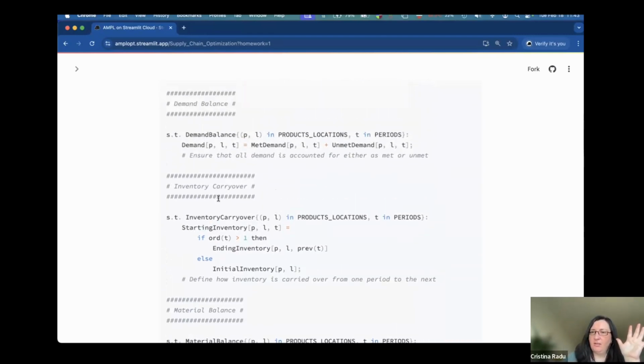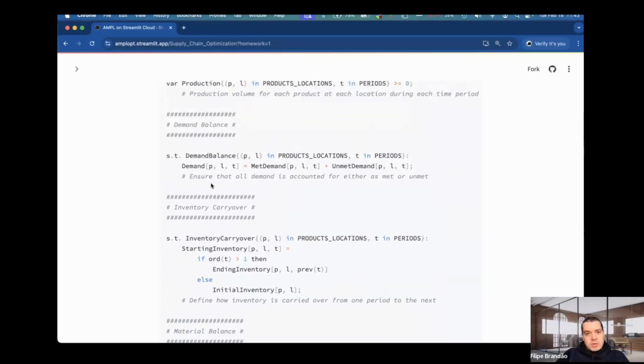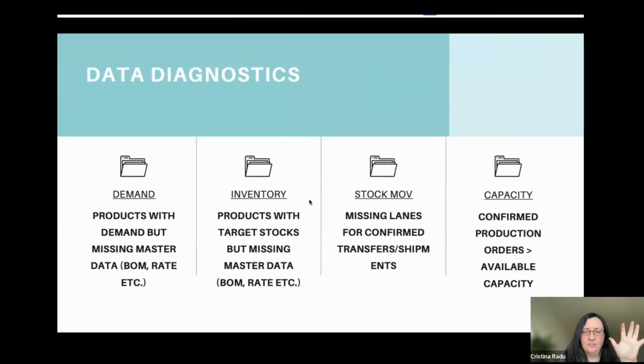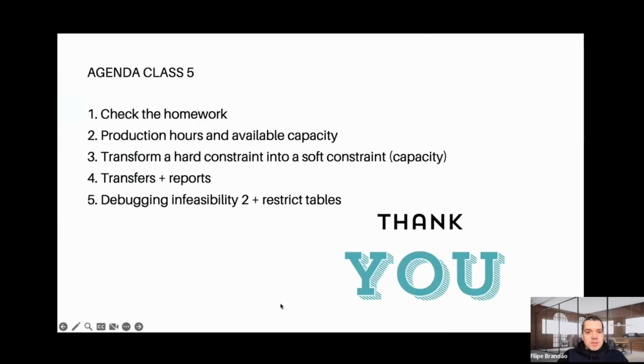So maybe let's do that, right? Because here I showed the demand balance. Now I stop sharing, and when you do the next part, you start by mentioning inventory carryover. Let me not show the agenda again, because they are exercises.